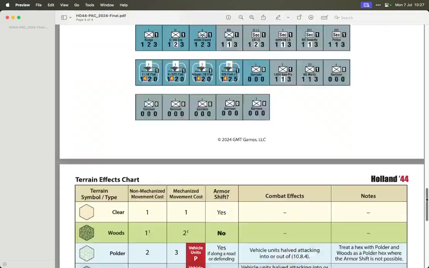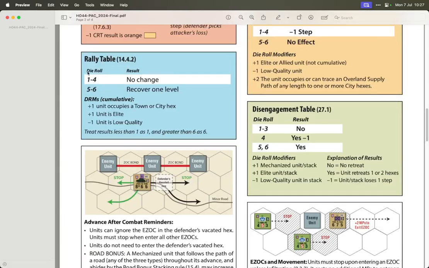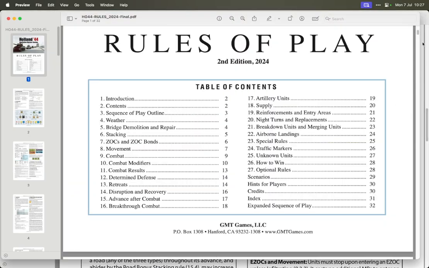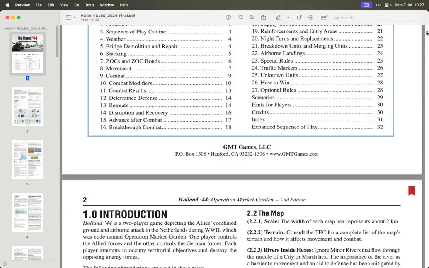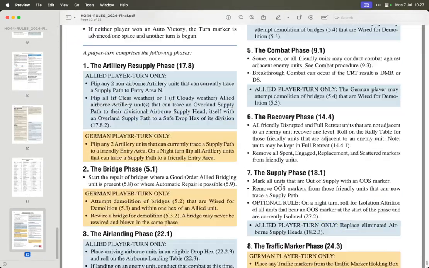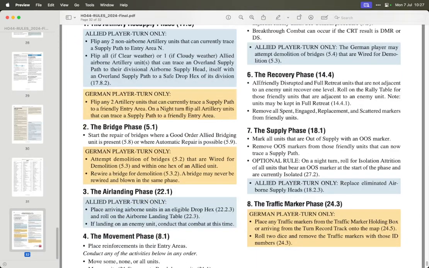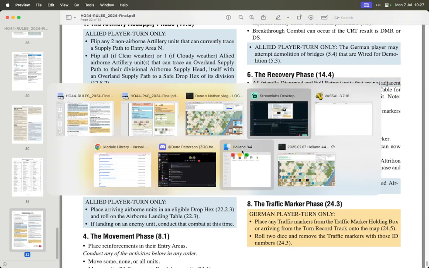Where's the sequence of play? Oh, I think that's in the manual. All friendly disrupted and full retreat units that are not adjacent to an enemy unit recover 1 level. Okay.